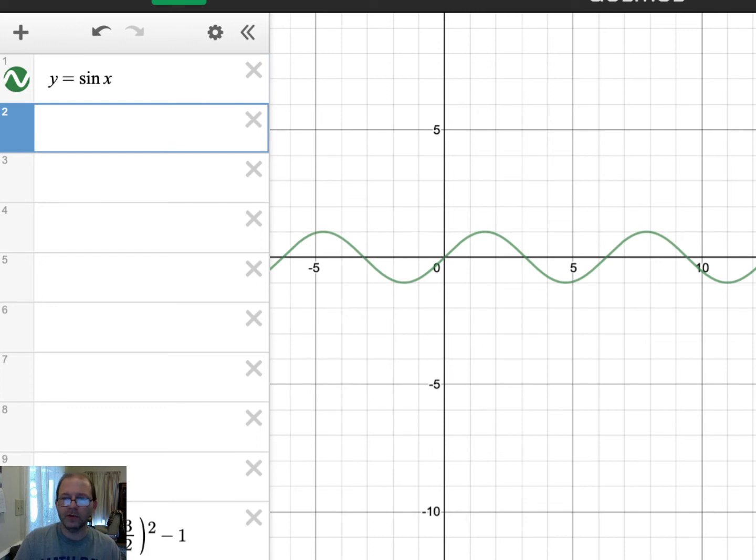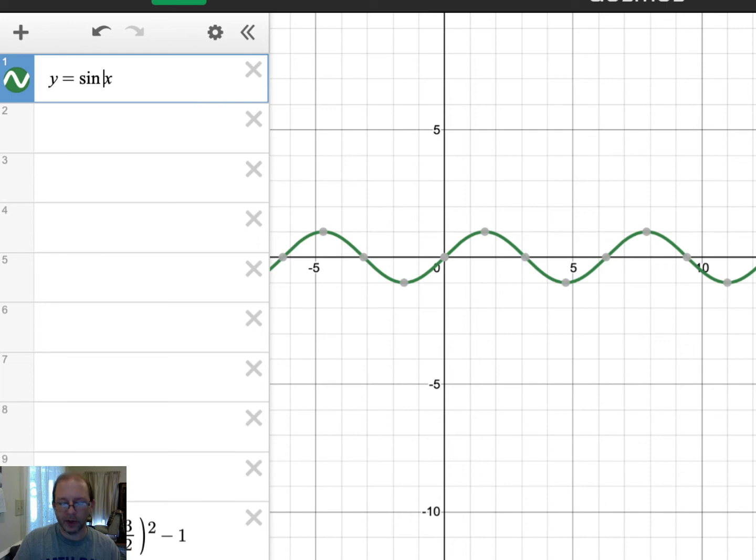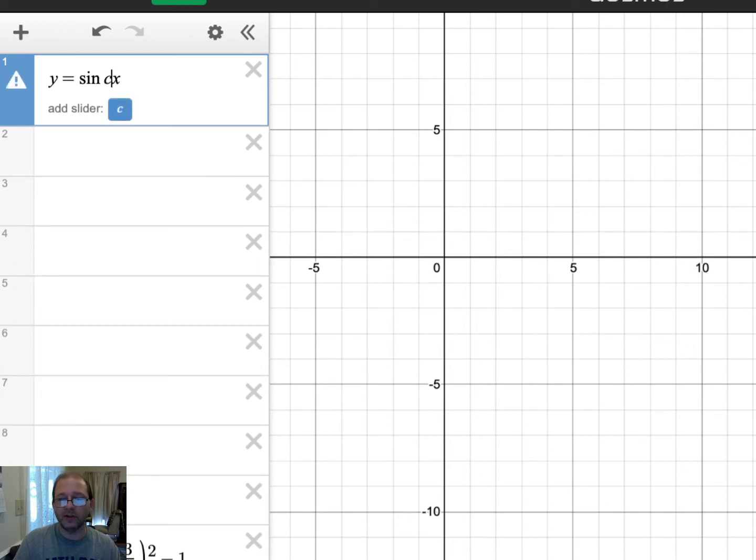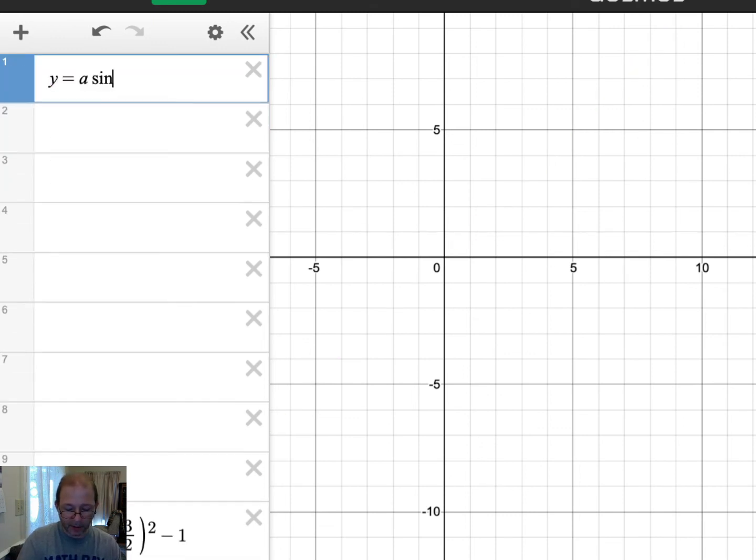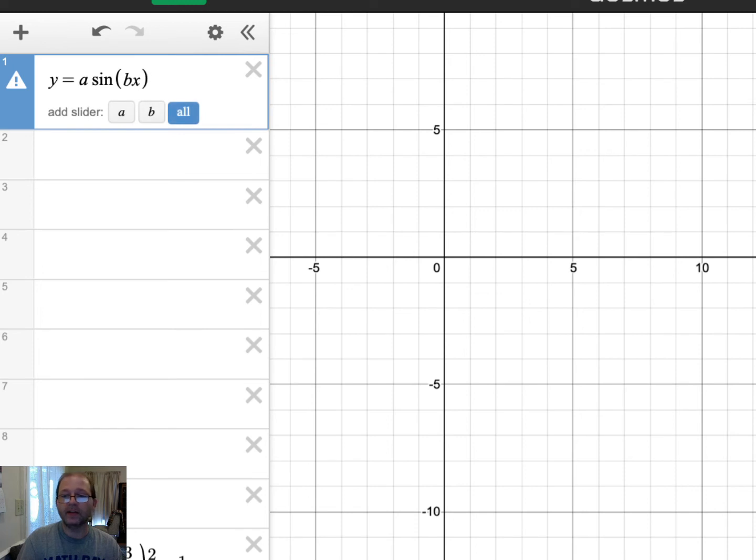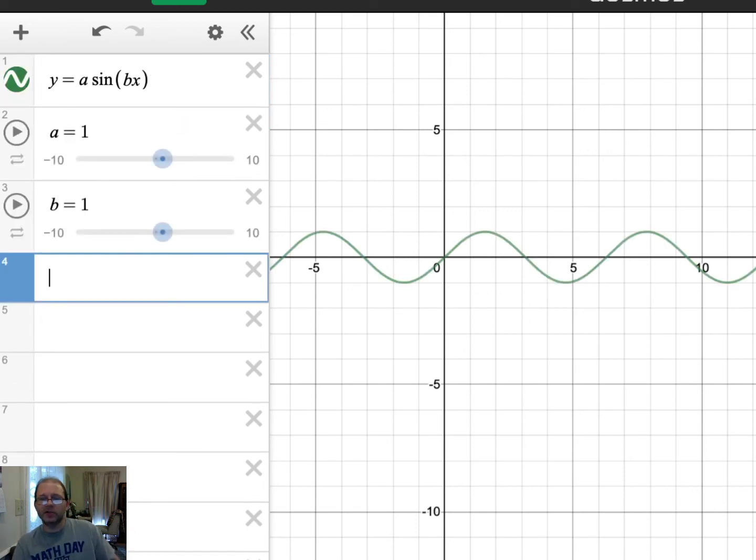The two things we're going to do is look at either putting a multiplier on the x itself, or putting it on the outside of the function. Let me type that again, like this. I'm using a and b here because those are typically the things that are used for a sine.